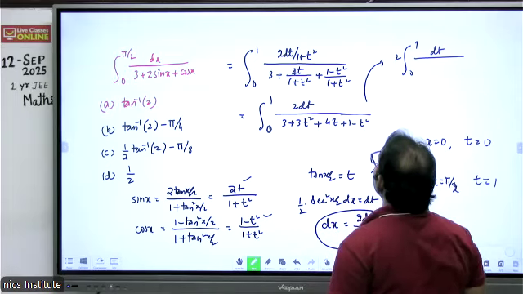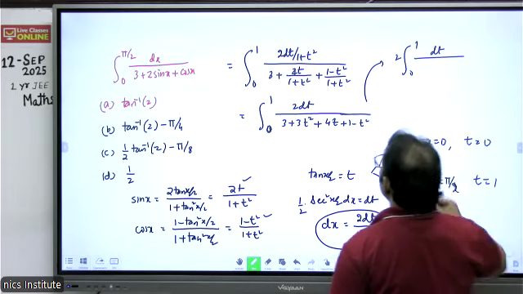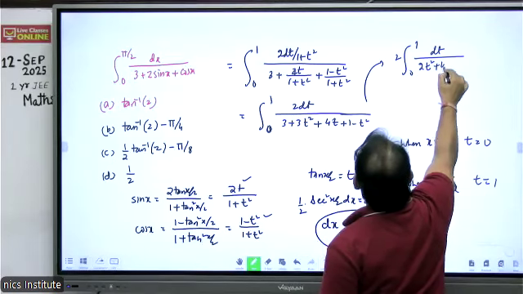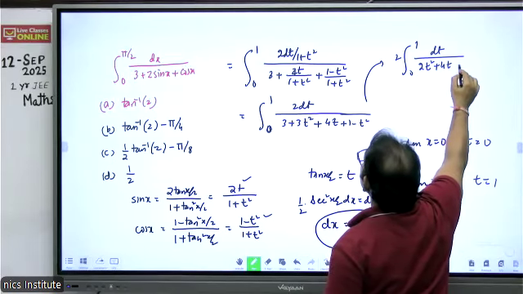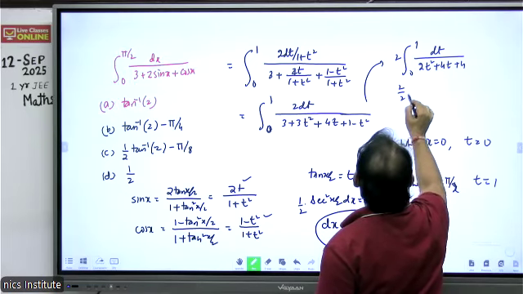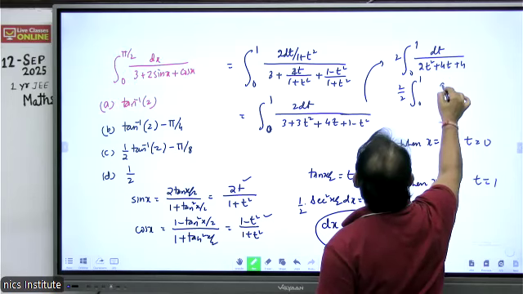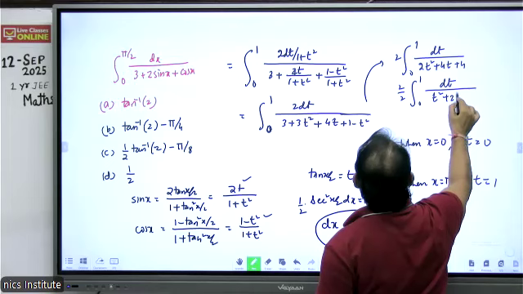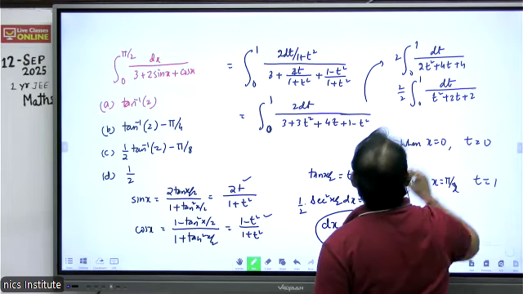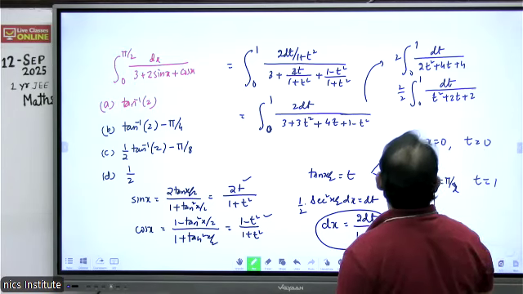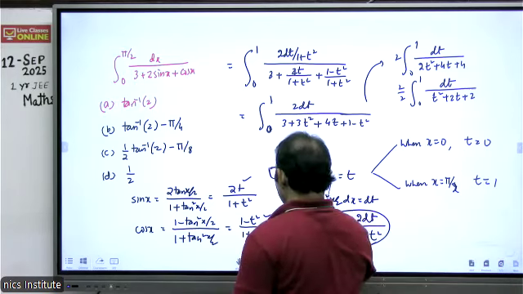What about denominator? 2t square plus 4t plus 4. You take 2 common in the denominator, and then t square plus 2t. So completing the whole square. Complete the whole square.